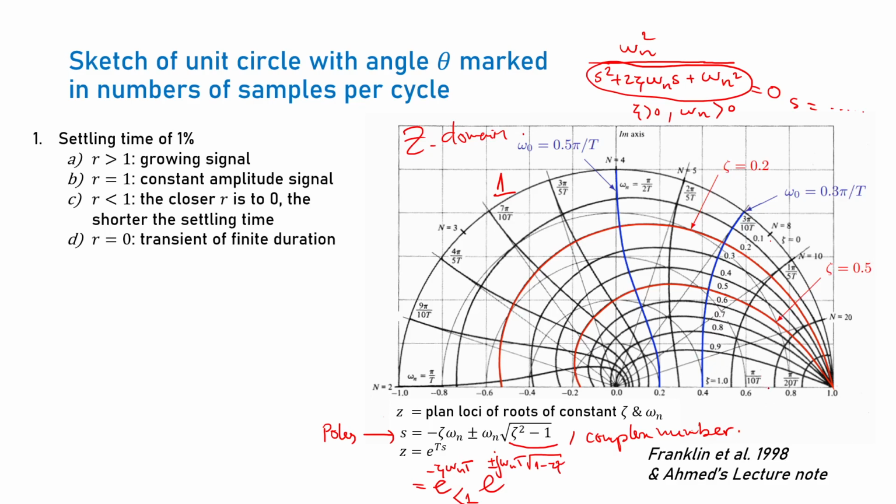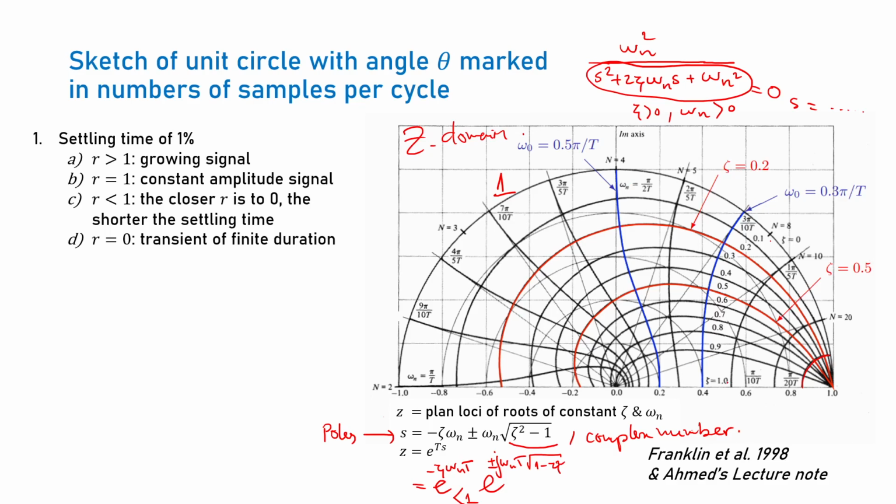So this curve represents a constant value of omega n. Well, here in the graph we use omega 0, which means a specific omega, but actually here you can see omega n as general.